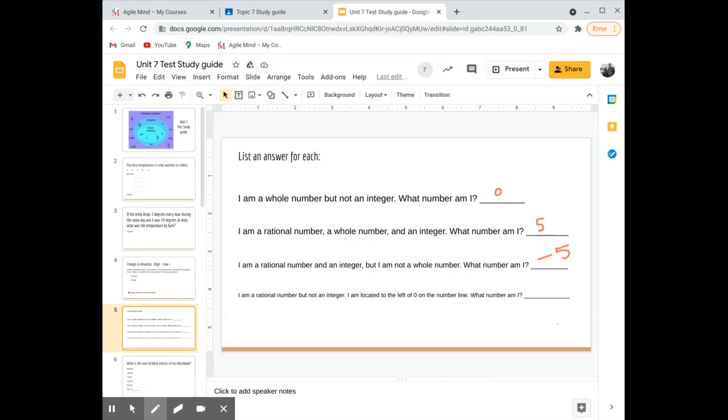Now remember that an integer is the opposite of a whole number. So what's a number that would be to the left of 0 that's a rational number? Make sure you unmute yourself if you're muted.